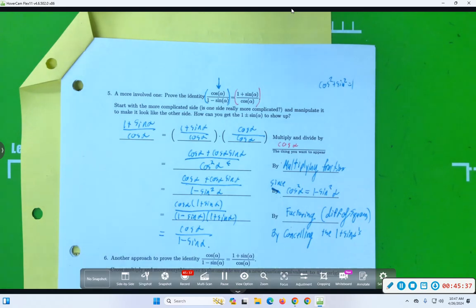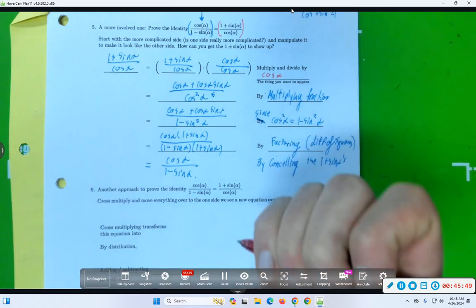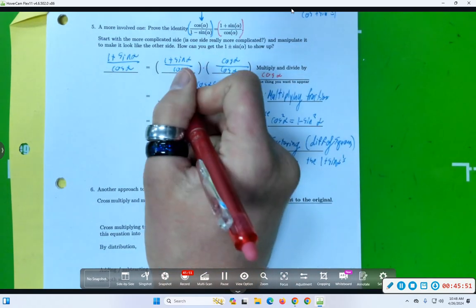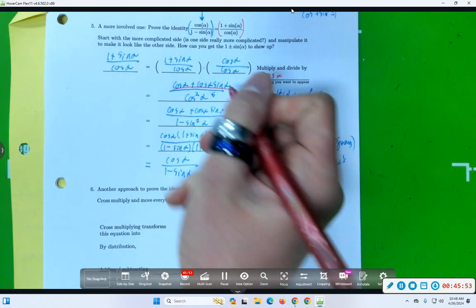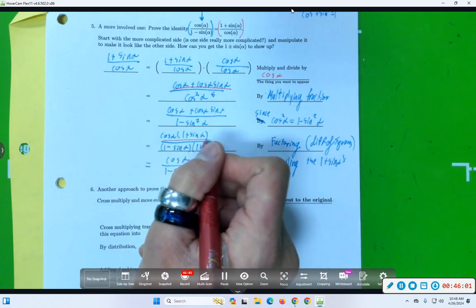I don't have enough time to start in on the next example. Instead, let's try to optimize this proof. Here's one observation: to get this, I distributed the cosine alpha over the 1 plus sine alpha, and then eventually I factored it back out again.